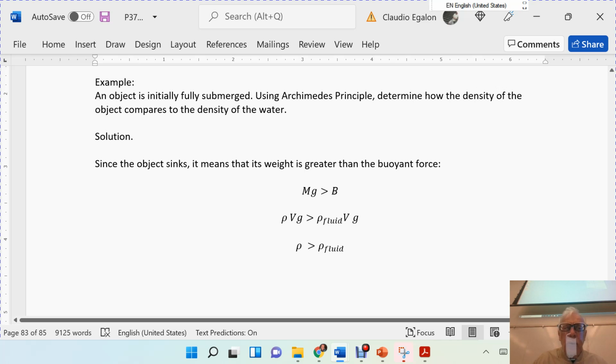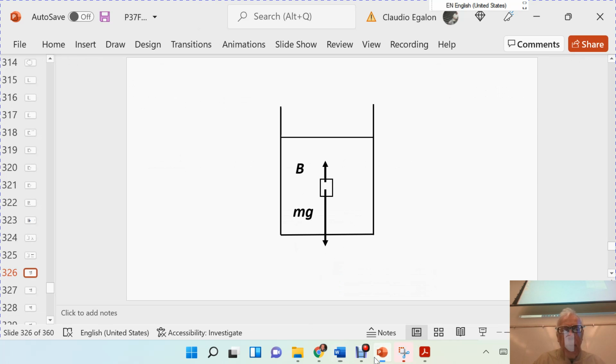So it's the same situation, but the opposite situation, right? The object is floating. It means that when it was fully submerged, the buoyant force was greater than the weight of the object.